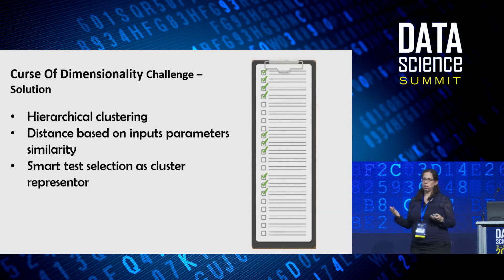We use hierarchical clustering, and we use several measurements for calculating the distance based on coverage and the input parameters. And we use smart selection of the test that represents a cluster.